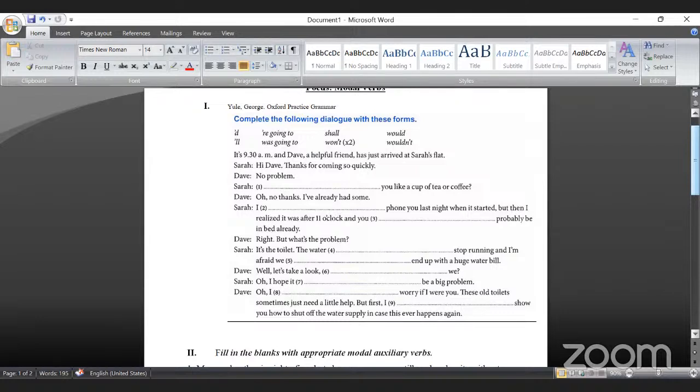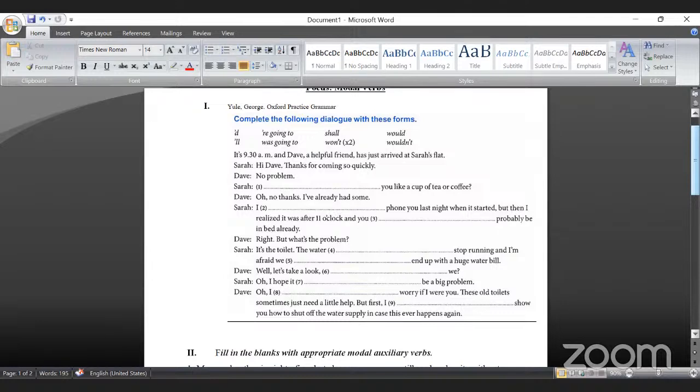Sarah: Would you like a cup of tea or coffee? Now, what is the usage of would here? How have you used it here? What meaning does it give? Politeness, right? This is politeness. Would you like a cup of tea or coffee? It is the politeness usage of the modal auxiliary verb would.